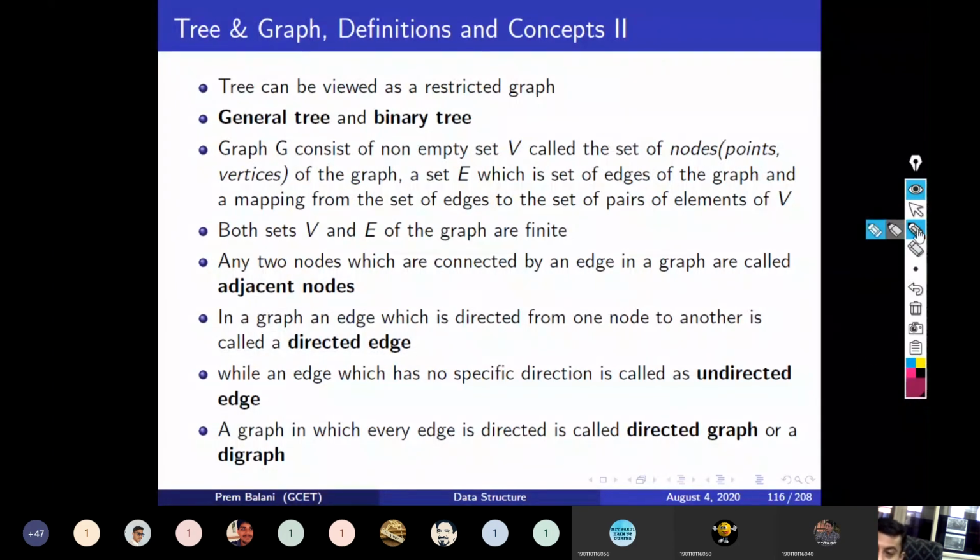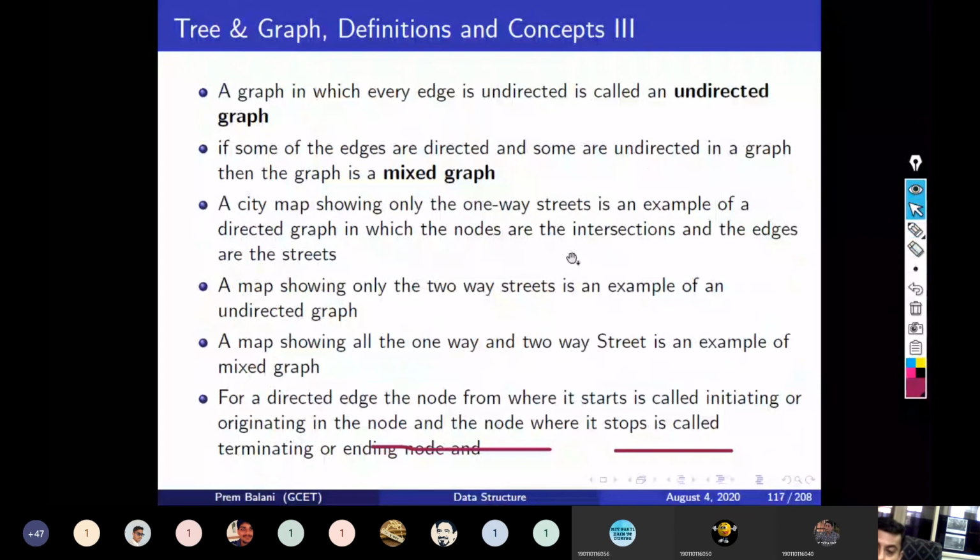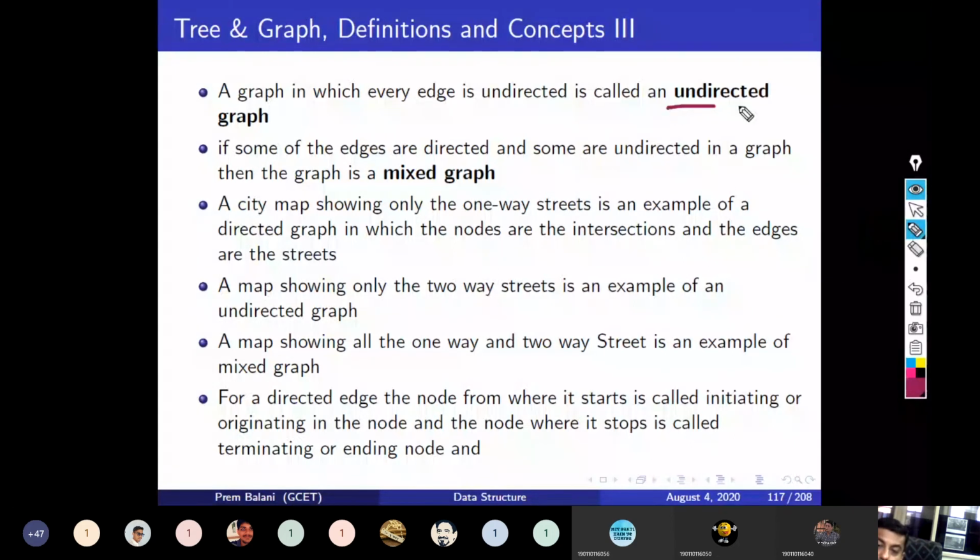A graph in which every edge is directed is called a directed graph. And let's go ahead. A graph in which every edge is undirected is called an undirected graph. So in the previous image there are 4 undirected graphs, we can say.